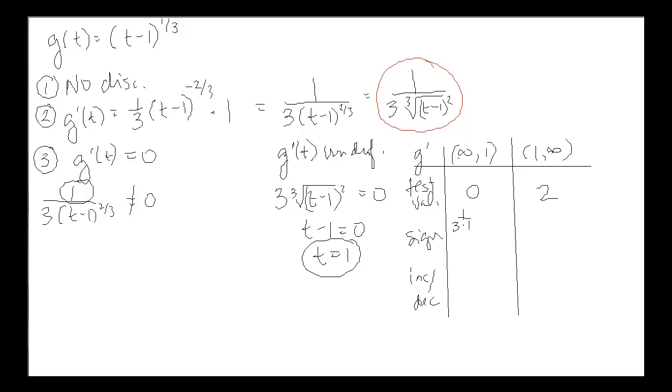So 1 over 3 times 1, which is certainly positive. And then the next one is plug in 2, so it would be 1 over 3 times 2 minus 1, which is 1. 1 squared is 1. Cube root of 1 is 1. So that is also positive. So this is increasing and then increasing.